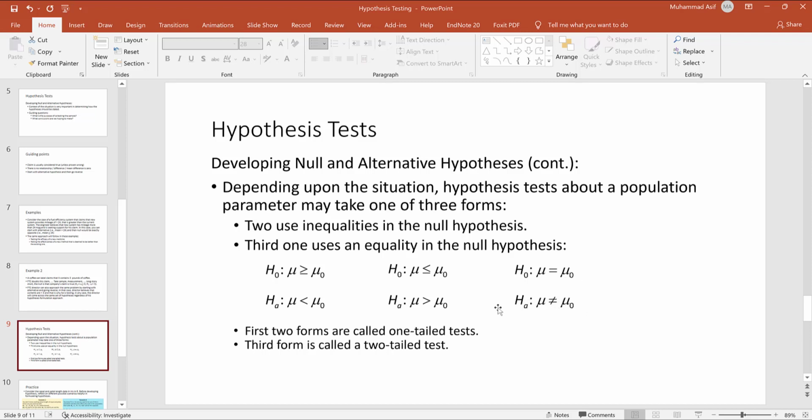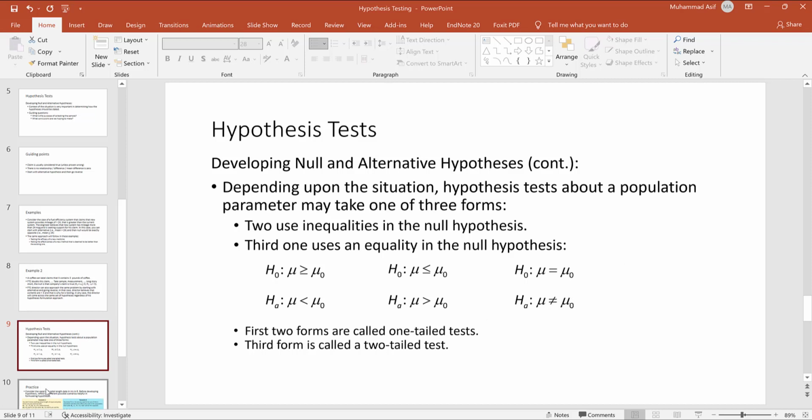Now the first two are called one-tailed tests, because in this case the value of the critical test statistic or p-value will be on one side, on one tail, either on the right or on the left. However, in this case it will be on both sides, so this is called a two-tailed test.